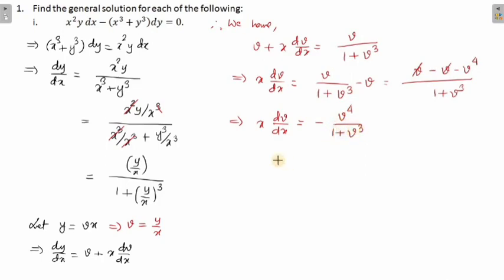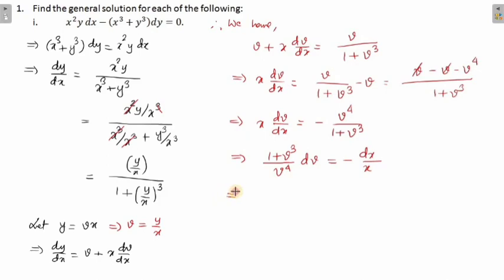Okay, now this looks like a differential equation of variable separable type, because you can separate the variables now. If I separate the variables, I take this v to the left hand side, and you get 1 plus v cube by v to the power 4 dv is equal to minus dx by x.